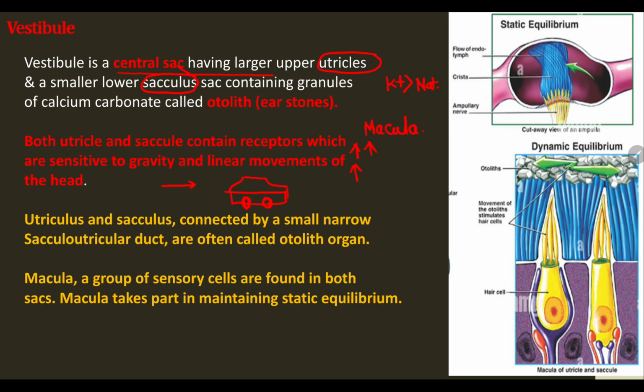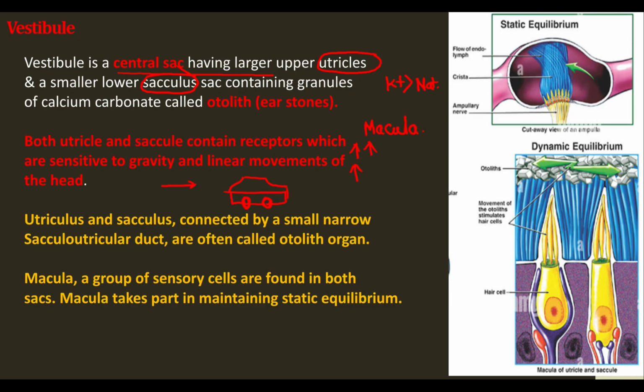So utricle and saccule help in balancing our body by detecting these things, linear acceleration, the vertical acceleration or horizontal acceleration.